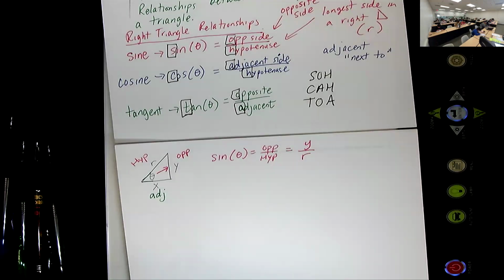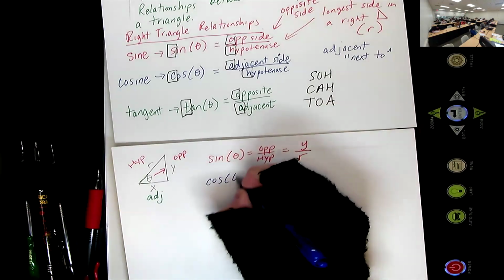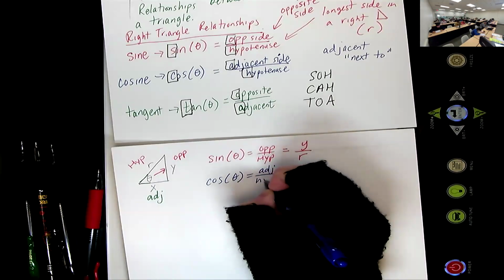But let's play around with this first a little bit. Cosine theta is adjacent over hypotenuse.